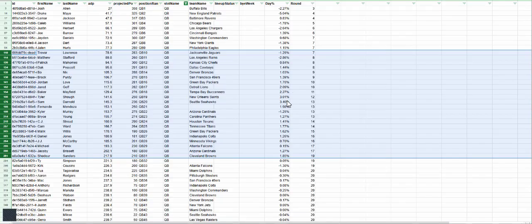So basically, it seems like all the quarterbacks are getting pushed up, and some of the not-the-highest running quarterbacks over here are kind of getting pushed down a little bit also.